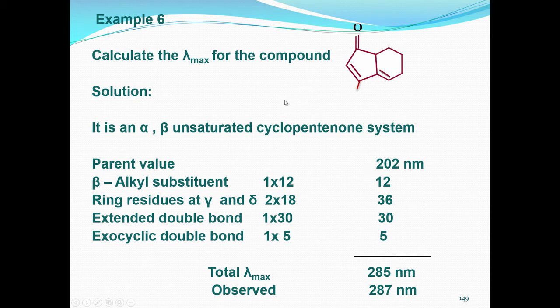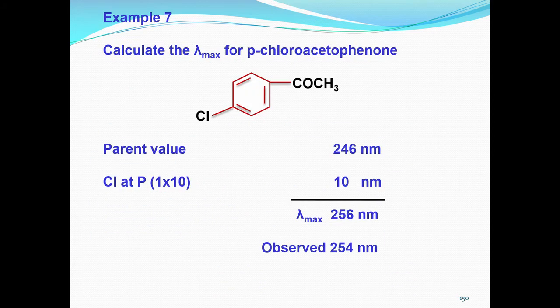Again see the closeness of the expected and calculated peak. Now, look at another example. This is parachloroacetophenone. This is a benzene ring. There is a COCH3, C double bond O, with double bond, single bond, single bond and double bond.